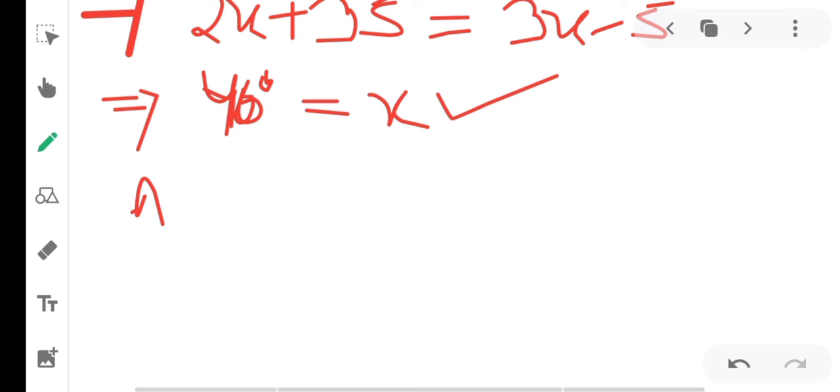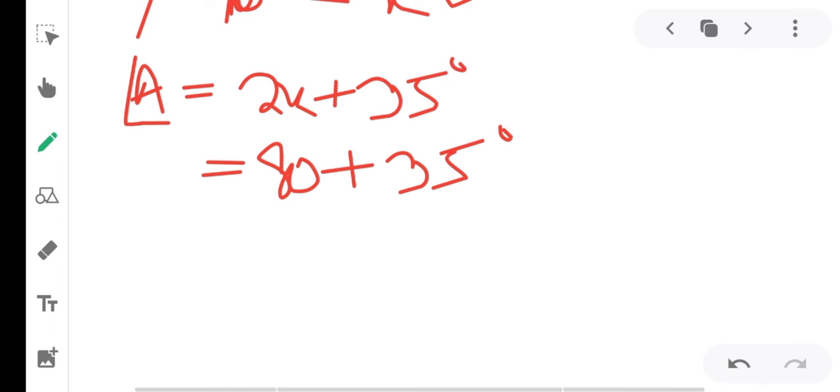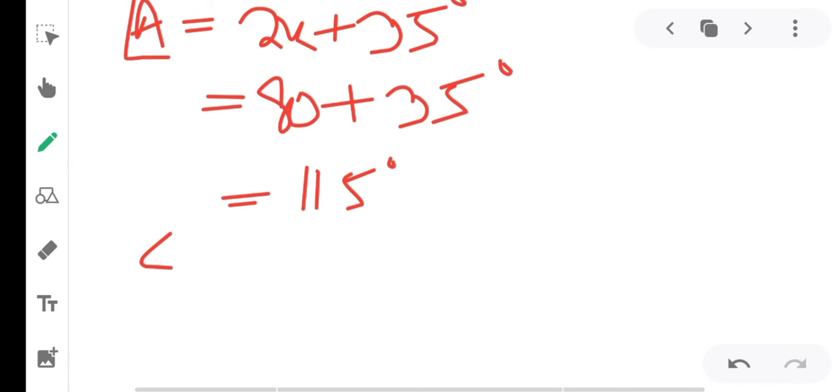Now angle A equals how much? 2x plus 35 degrees, equal to 2 into 40, which is 80, plus 35, equals 115 degrees. And angle A equals angle C, so angle C will also be 115 degrees, right?